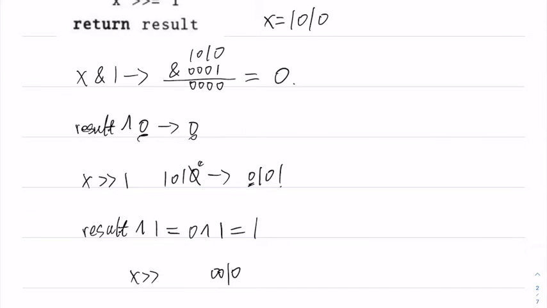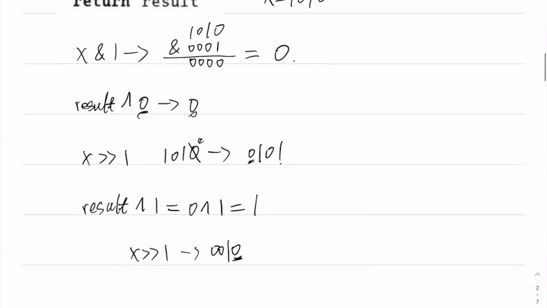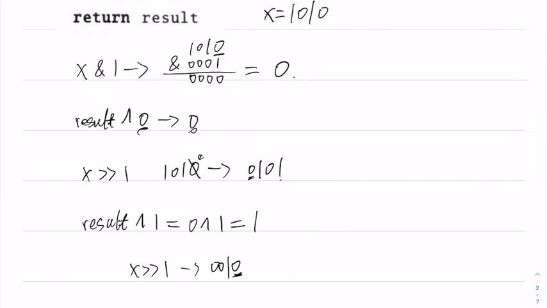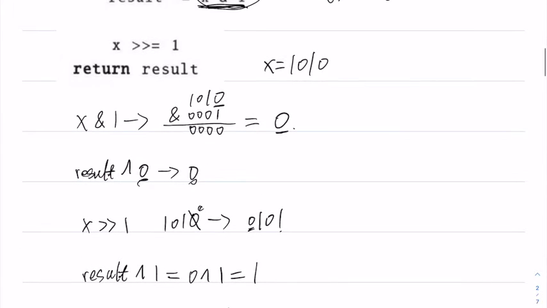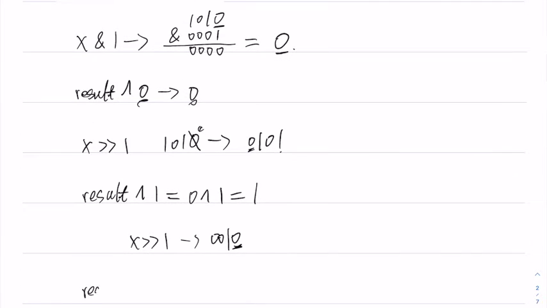We have already seen that the last digit would give the value of 0 in this step. And then the current result XOR with 0 is 1.